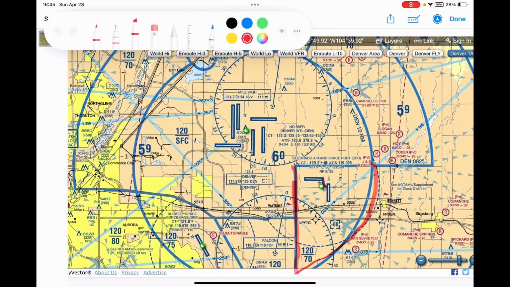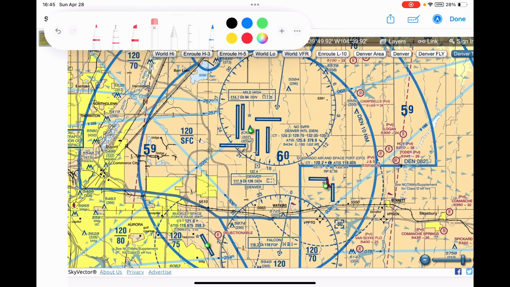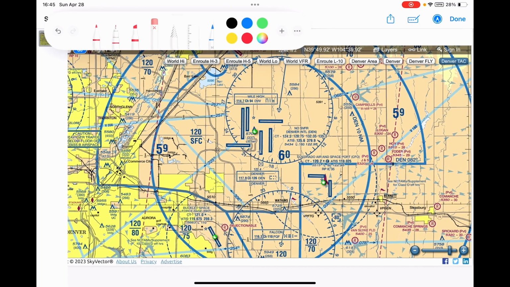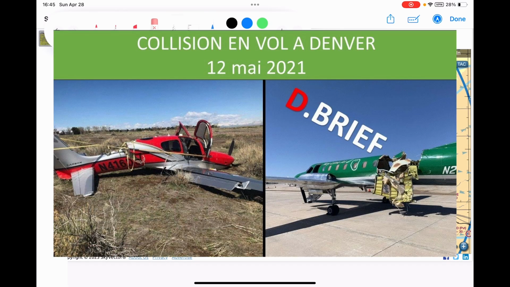What is this blue outline? It kind of looks like an upside down wedding cake. This is called the Bravo airspace, and basically Denver International is very busy. There is just airspace that Denver approach needs to control, so the airliners aren't clashing with the small propeller airplanes and other traffic.